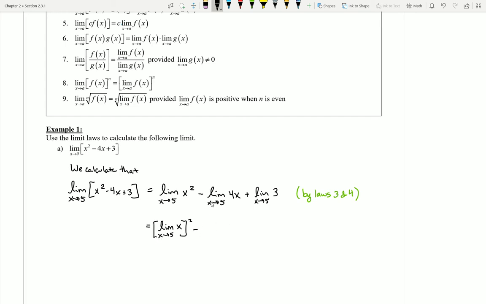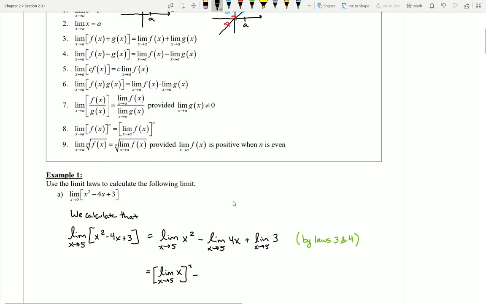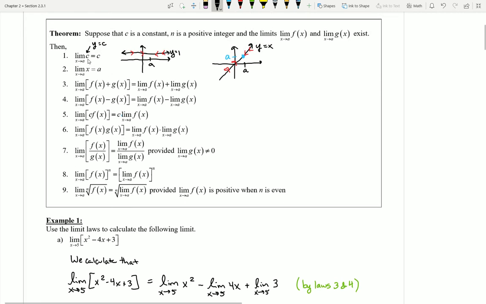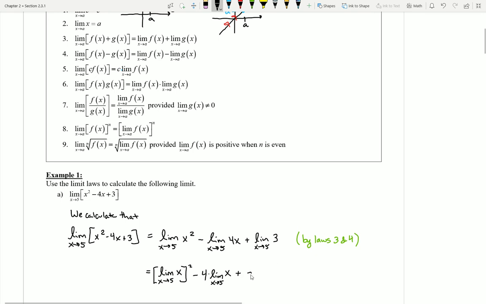Notice over here I have a constant in front of a function of just x. That's kind of like rule number 5. So I could go ahead and pull the 4 out and just leave the x here. And this last one is actually super easy because I can just use property number 1. The limit of any number, c, is always just the same number, c. So I can have that like this. So notice here, I've used laws numbers 1, 5, and 8.